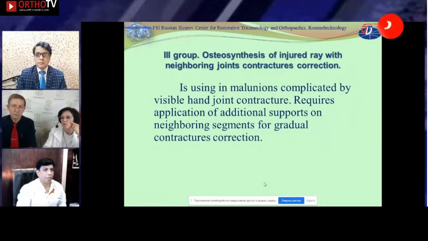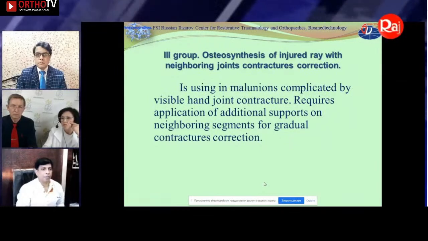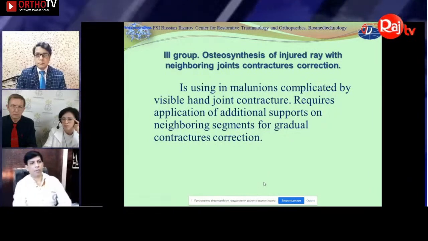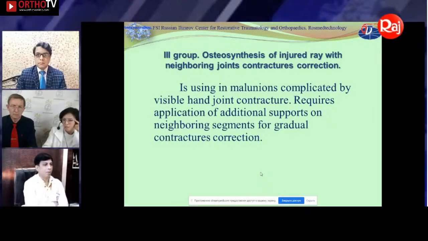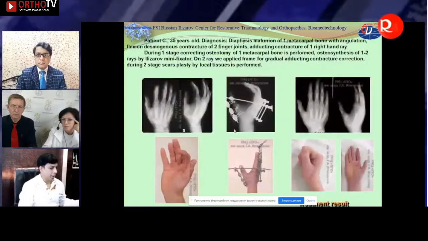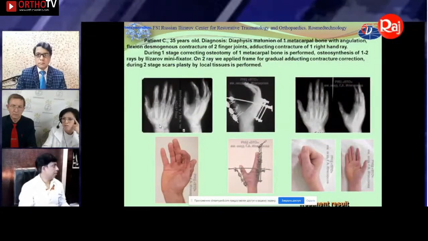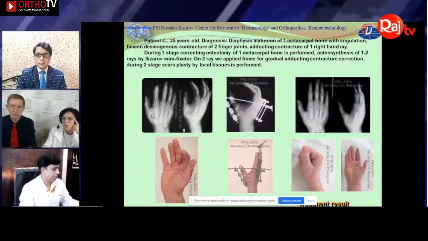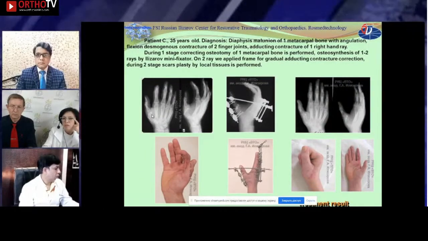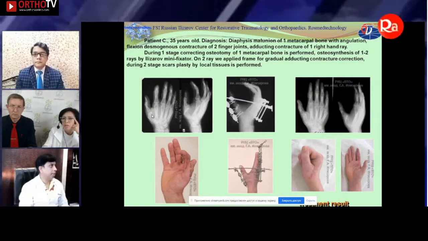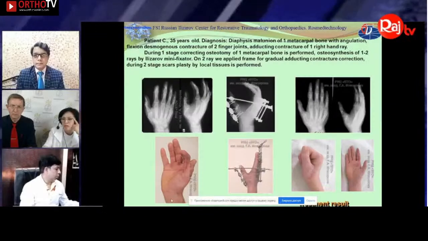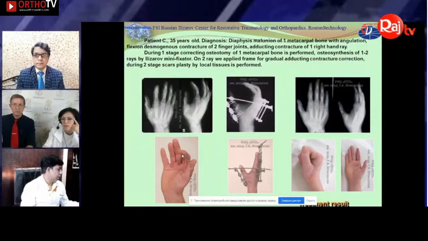Three groups: osteosynthesis of injury with near-joint contracture correction. Next, patients with diaphysis malunion of first metacarpal bone with angulation, flexion, dermatogenous contracture of fourth finger.